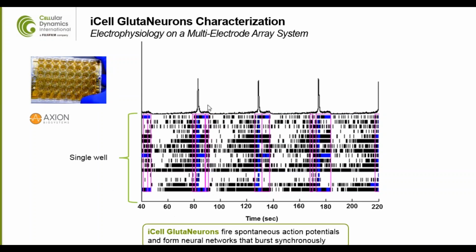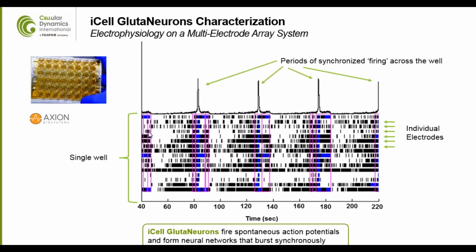So this is a single well of activity. Each row represents a single electrode within that well. Each tick mark represents the recording of electrical activity in the neurons that are directly lying on top of that electrode.